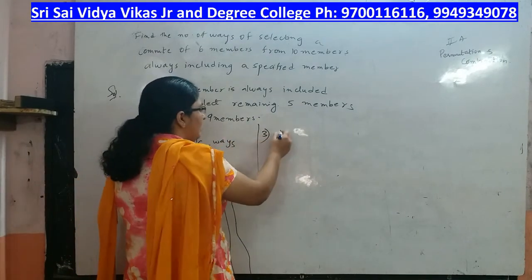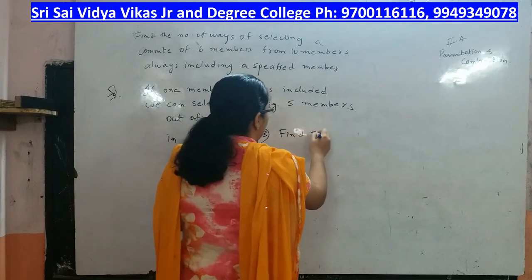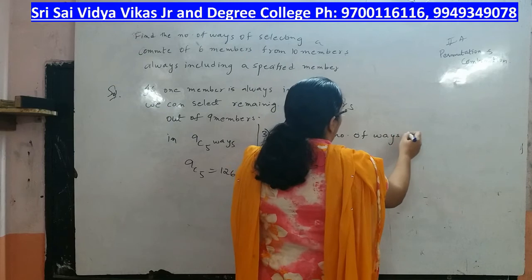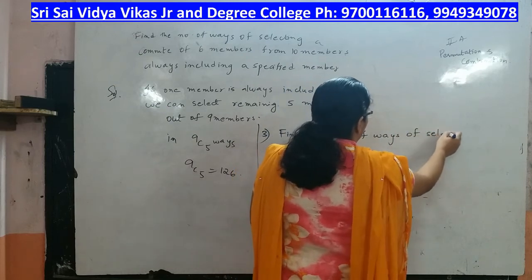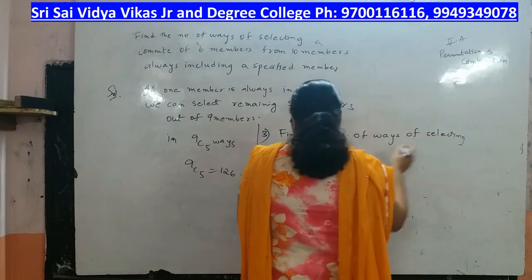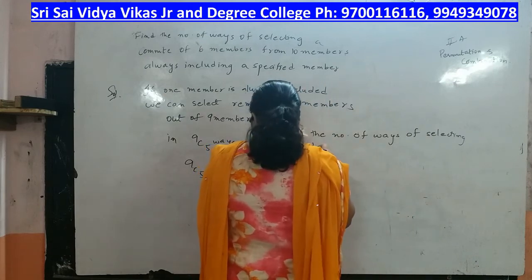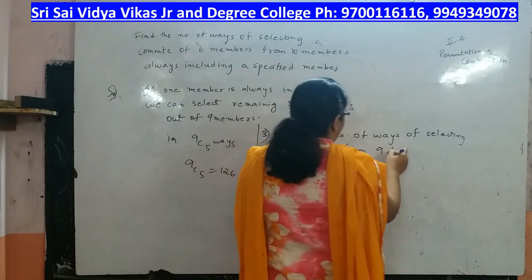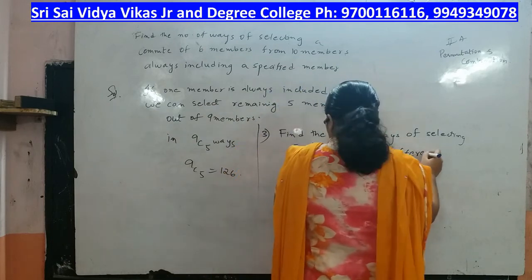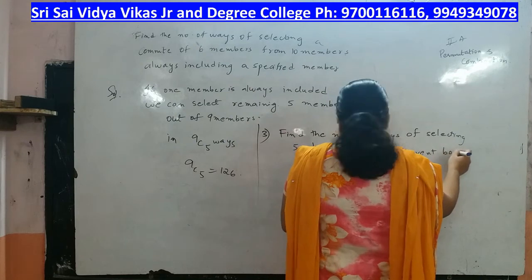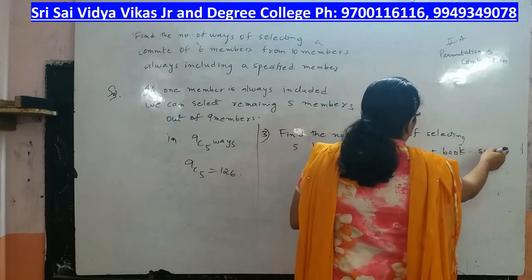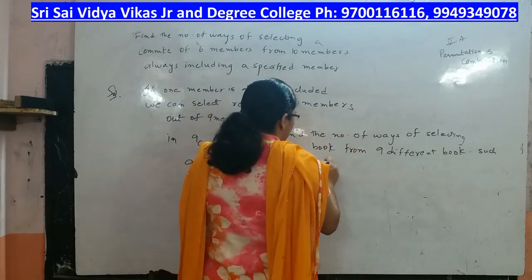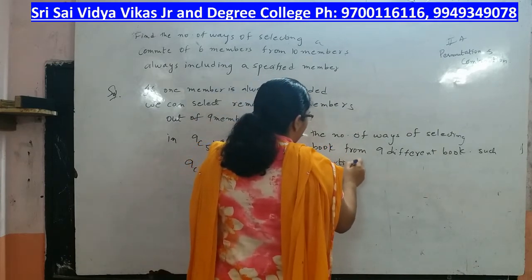Third one, find the number of ways of selecting 5 books from 9 different books such that a particular book is not included.